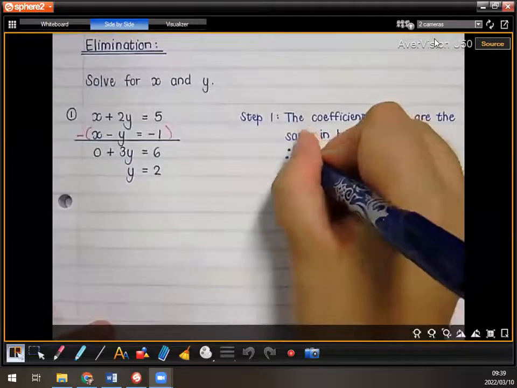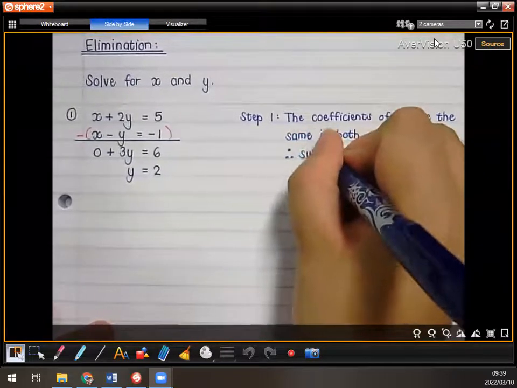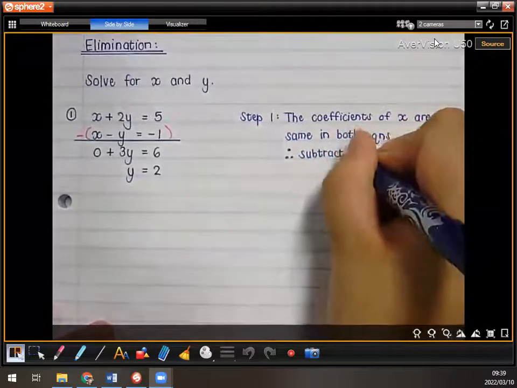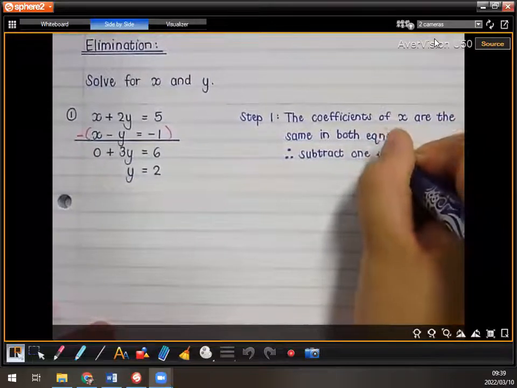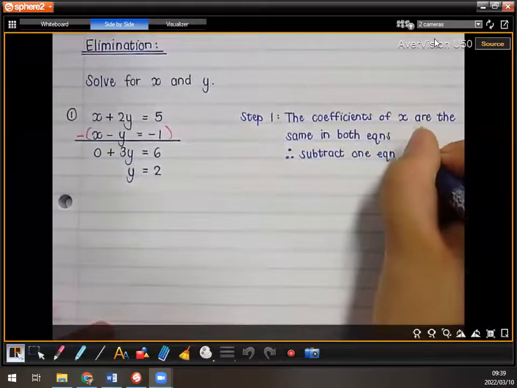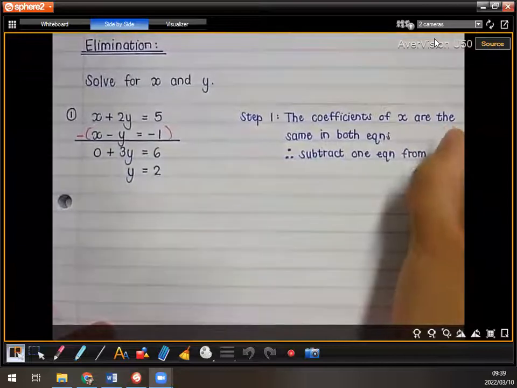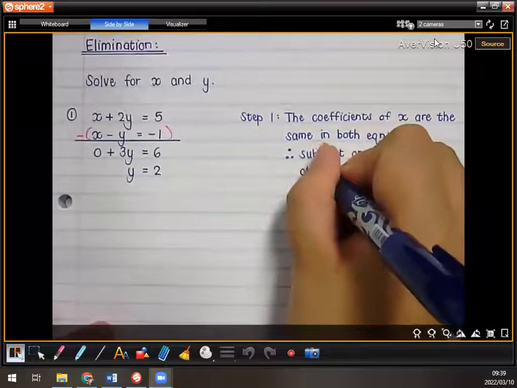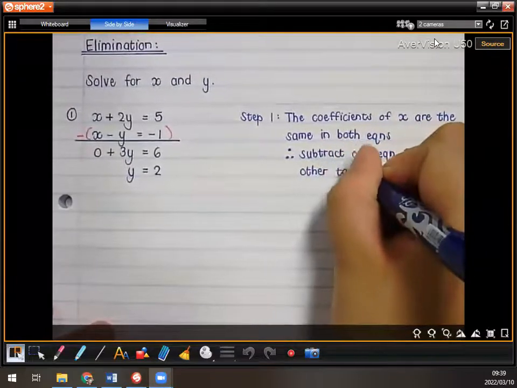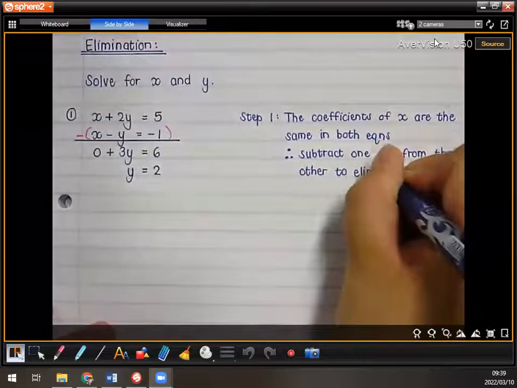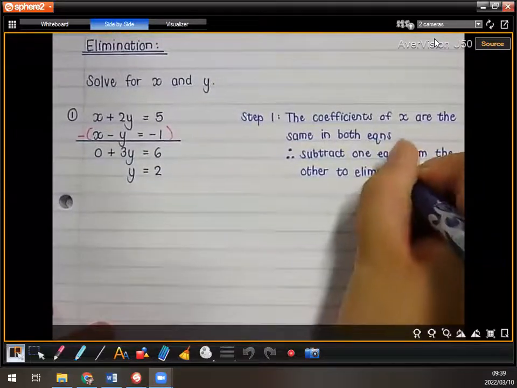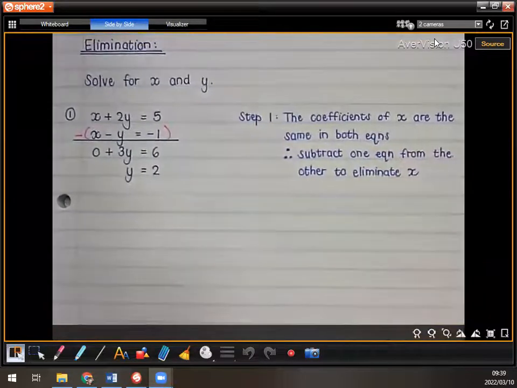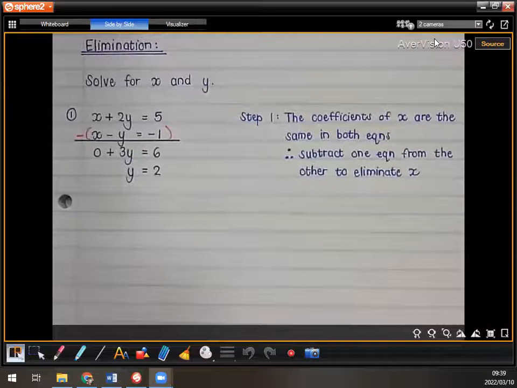Therefore, subtract one equation from the other to eliminate x.